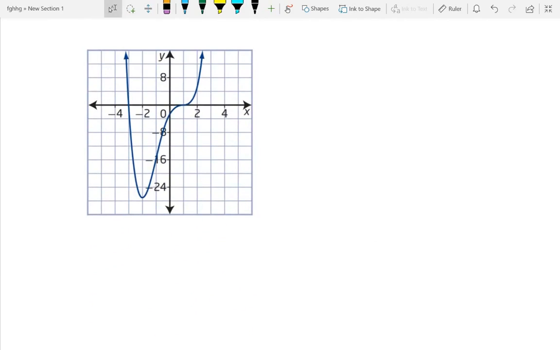So I have this polynomial here, and let's take a look at the zeros that I have. The zeros are at x equals -3, and then I have another 0 at x equals 1. At x equals -3, that's a very straightforward 0. It goes right through. It's to order 1.